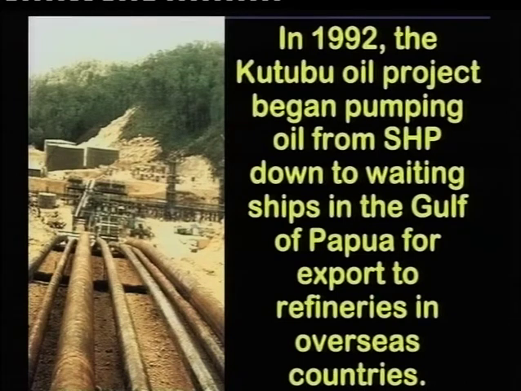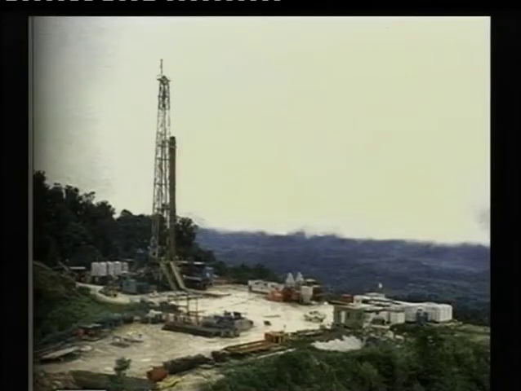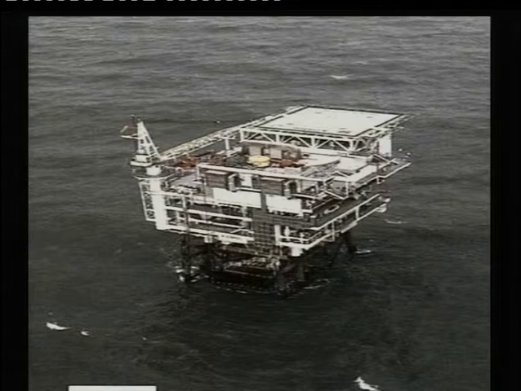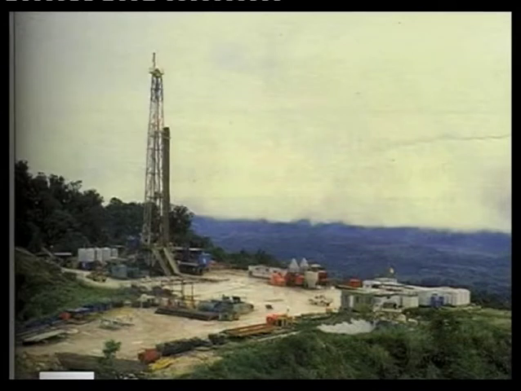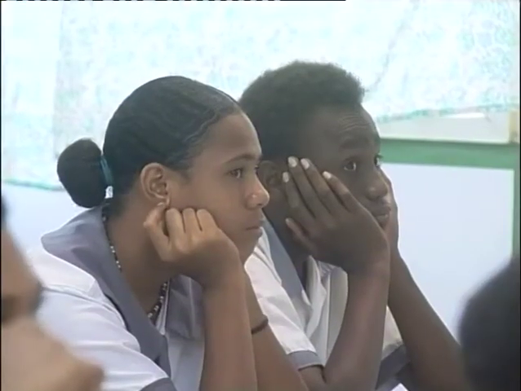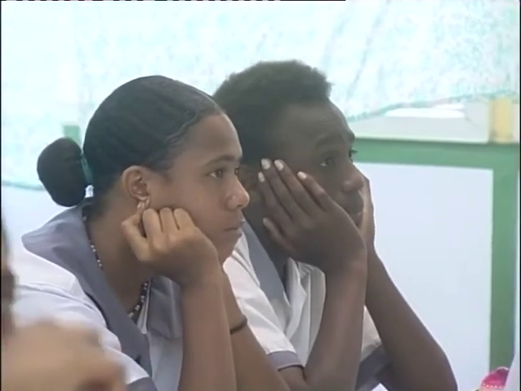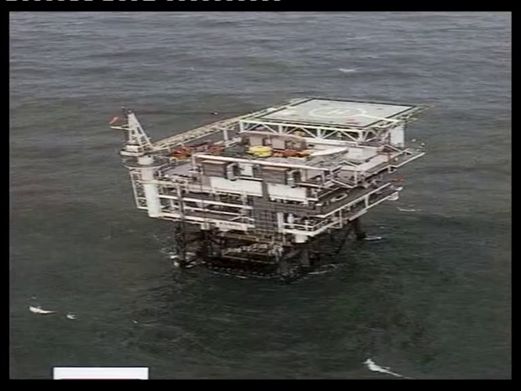So from Southern Highlands province, from this place, Kutubu, oil is pumped down to the pipe terminal here in Gulf. This is where the ships get the oil, and then it's exported, shipped overseas. So oil is being pumped through these pipes down to the Gulf, where the ships load the oil to be shipped to other countries, or overseas.